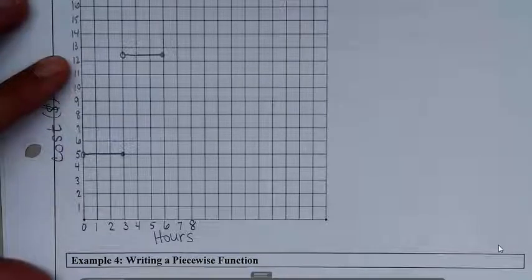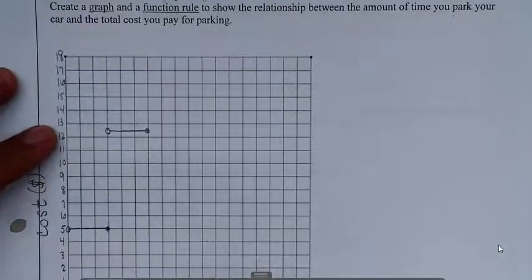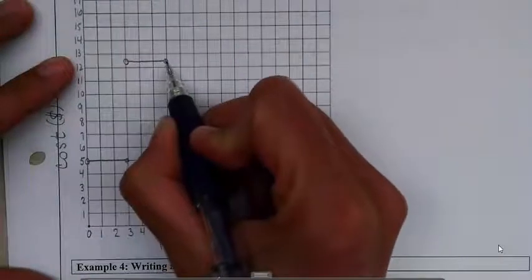But then what happens at 6 hours, if I go over 6 hours by even a second, I'm going to get charged $13 plus $3 for every single hour after that 6 hours. So at hour 6, I'm still paying the $12.50.